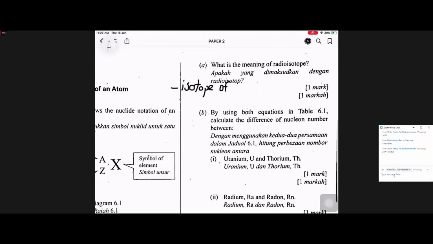Isotope of a radioactive element with an unstable nucleus.